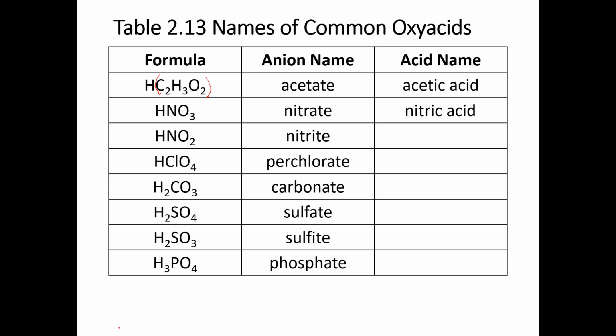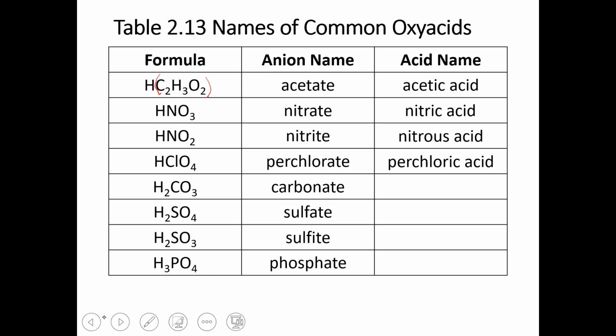HNO2, nitrite, we change the -ite to -ous, so that would be nitrous acid. HClO4, this is perchlorate, so we would change the -ate to -ic, and we have perchloric acid.